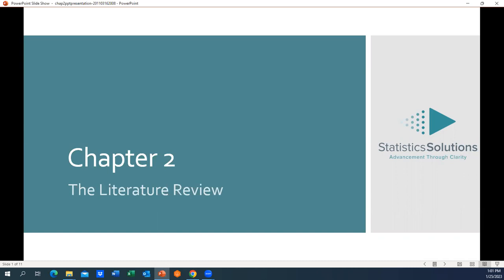The model we follow is a pretty standard, typical dissertation model, which is 5 chapters, where chapter 1 is the introduction, chapter 2 is the literature review, chapter 3 is the methods, where you discuss your methods. And usually 1 through 3 is called the proposal, right? You haven't conducted the study yet. This is you proposing what you're going to be doing.